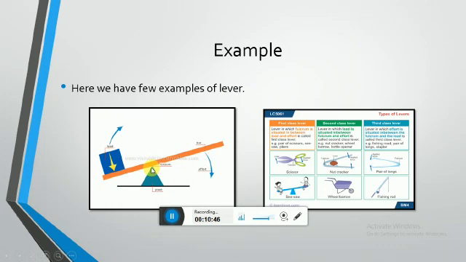Although there are three different classes of lever, class 1, class 2 and class 3, here we will only discuss the first one, in which the fulcrum or the pivoted point is at the center. Look at the example of a scissor. The fulcrum is at the center.